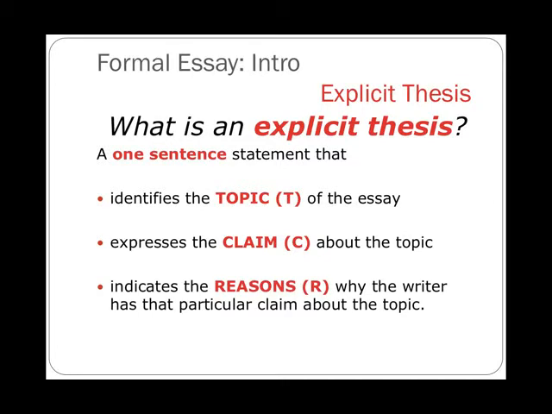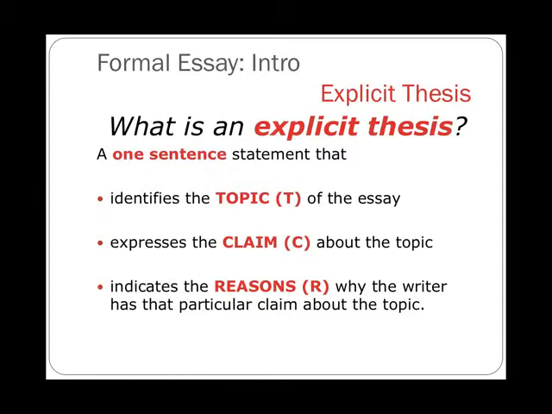And then your explicit thesis should list the reasons why you, the writer, have a particular claim about the topic. So those reasons are the list. They're the reasons why you have the claim that you do about the topic.